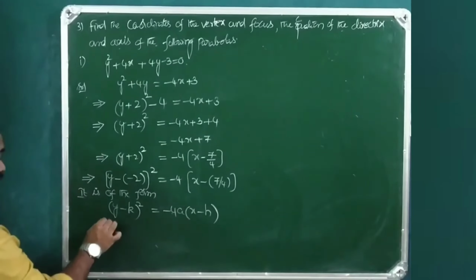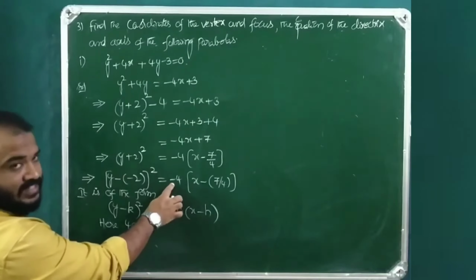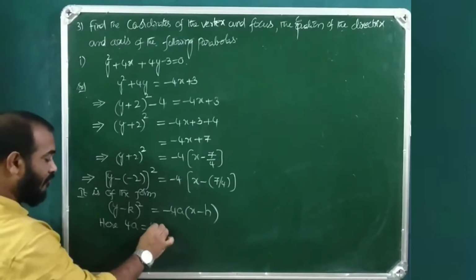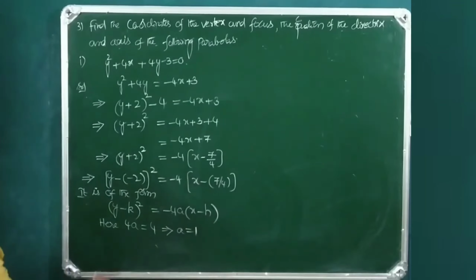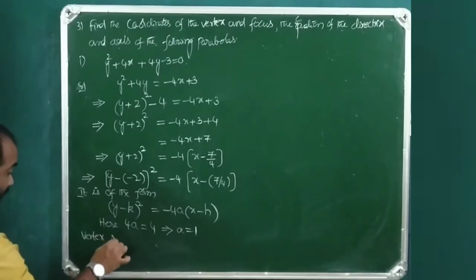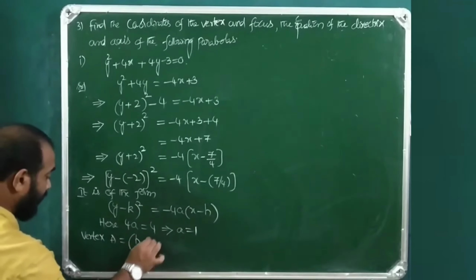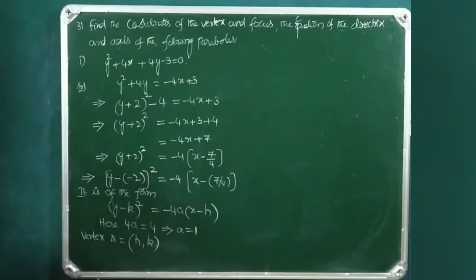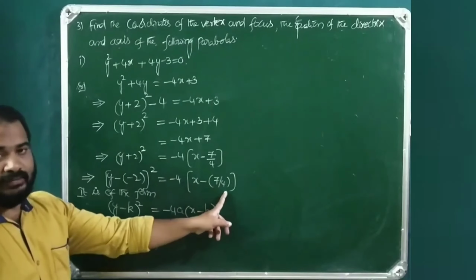So here, in the place of 4a we have 4. So a is equals to 1. Now the vertex A is equals to h comma k, because it is not y square equals to 4ax type.